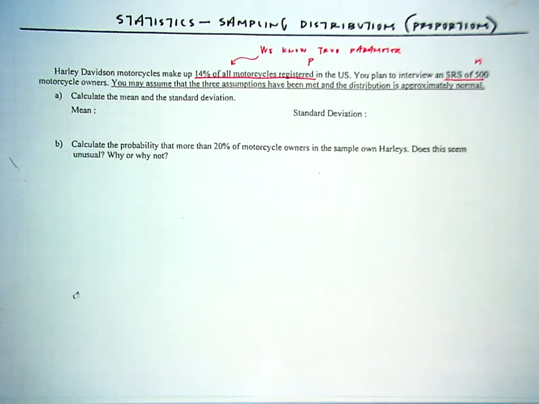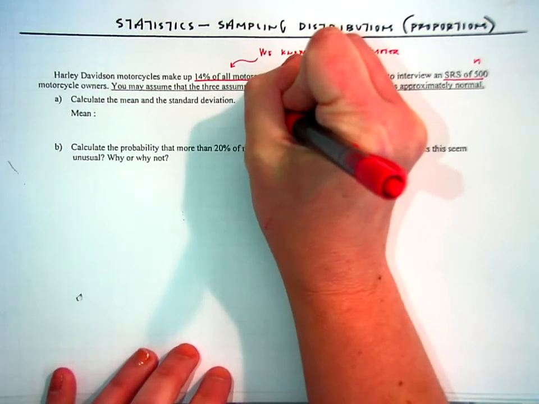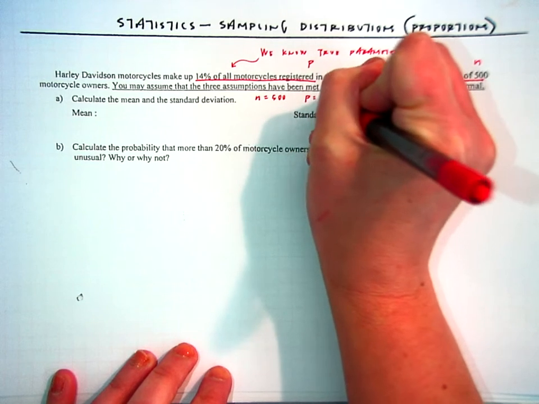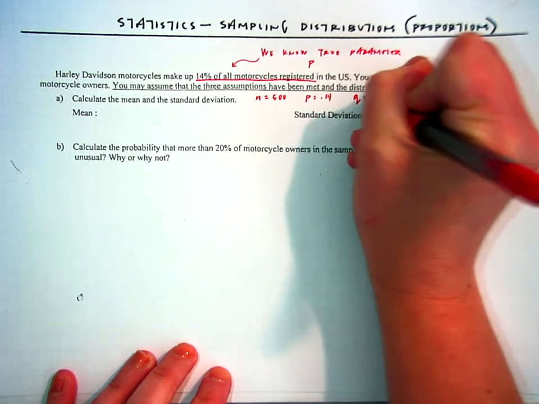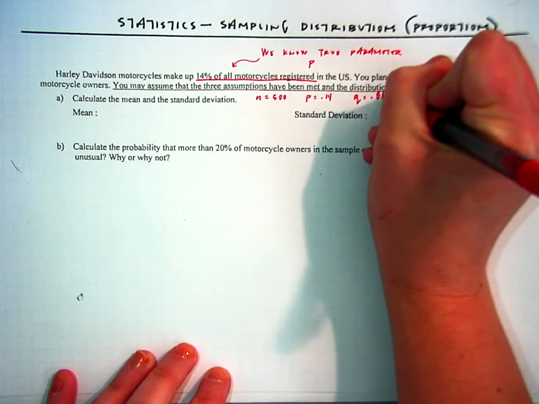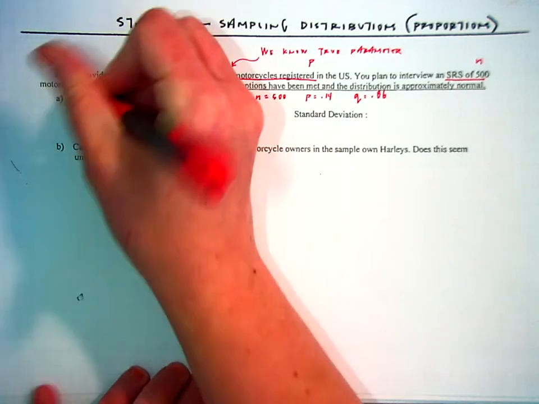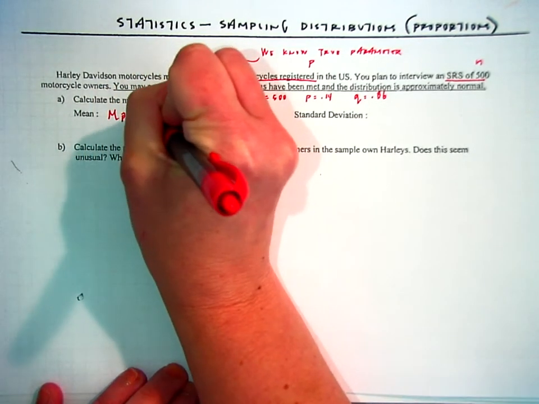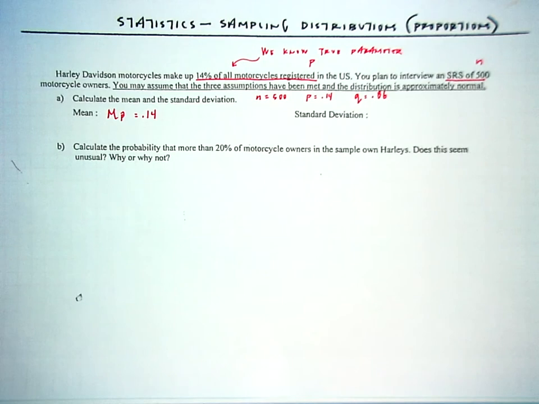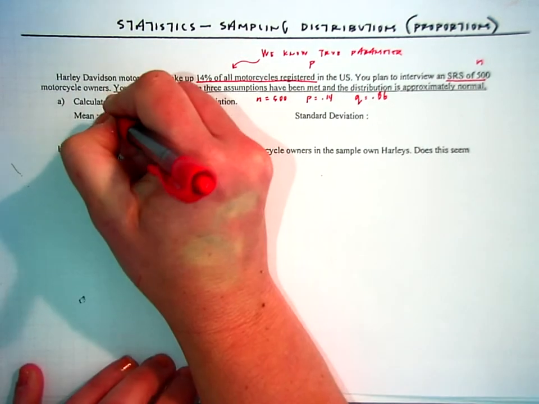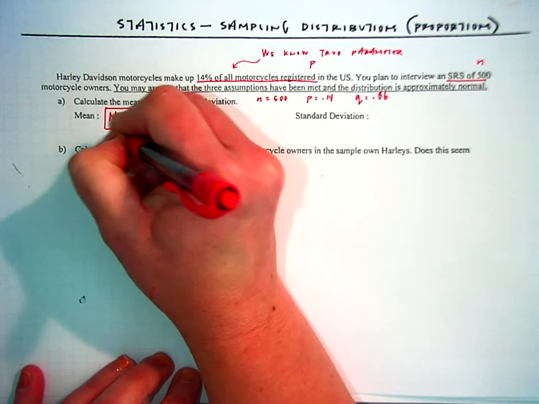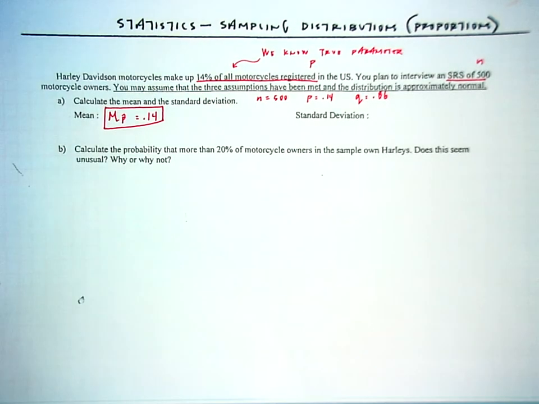Let me just write these numbers down. N is 500, the P value is 0.14, the Q value is 0.86. So the mean would be just 0.14, right? It's the 14% of all motorcycles registered that are Harleys. So we're building a distribution around that information.